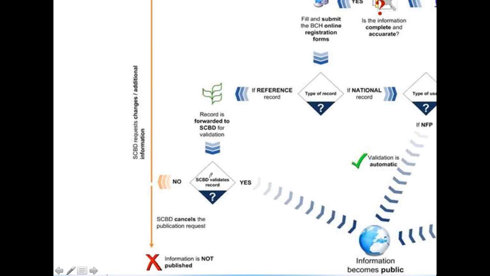If they refuse to validate it, the secretariat will request additional information, and you go back and correct it and send it back the normal way for validation. And if it's complete, then it's published and it becomes a public record. If they refuse to publish it, then they will cancel the request to publish, and the information is not published.